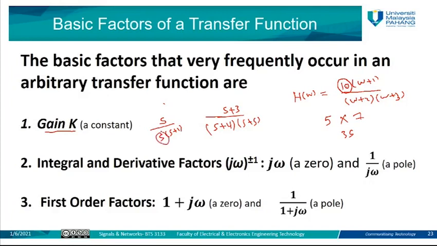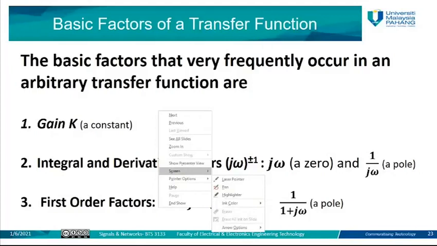I have s in the denominator, s in the numerator, or omega in the numerator or denominator. If I have such an element, it means you have a zero or pole at the origin of the s plane, at the point of origin. In this case, if it is a zero, we call it integral.